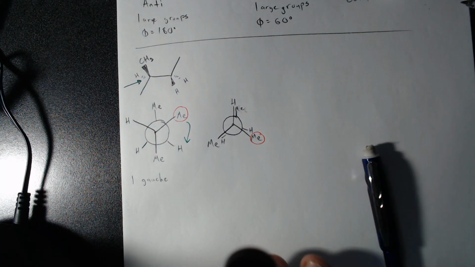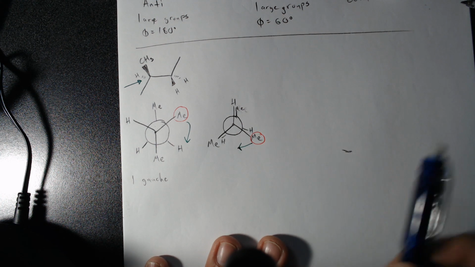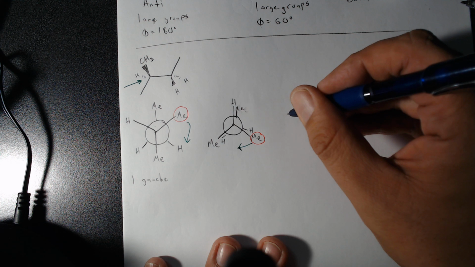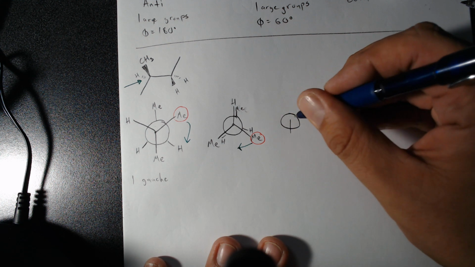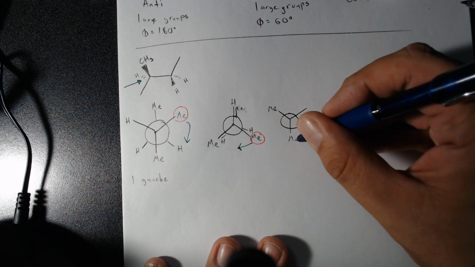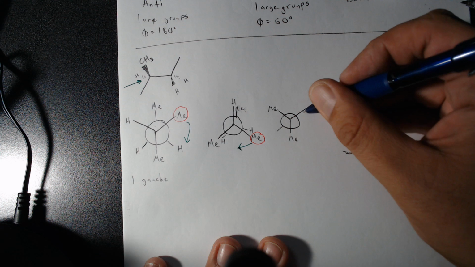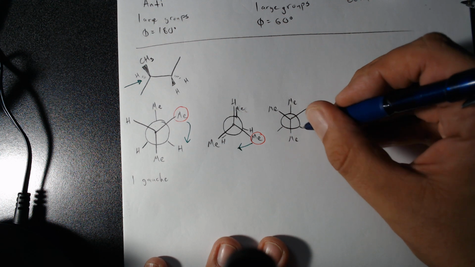All right, we're going to grab it again and turn it this way. And then now this is downward, up, up. The other methyl is there. Our reference methyl is here now. We are all staggered again. Do I have a gauche interaction here?